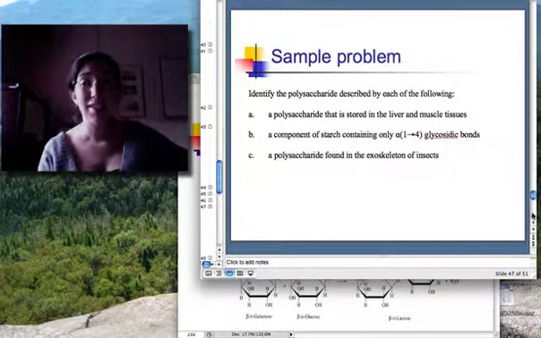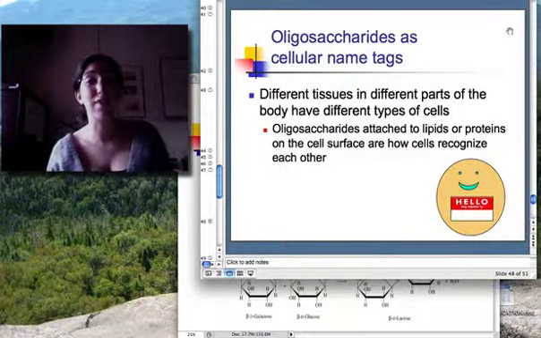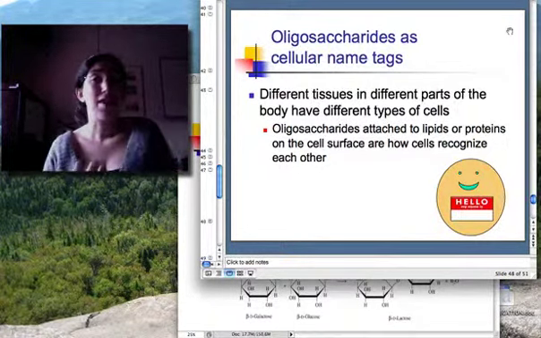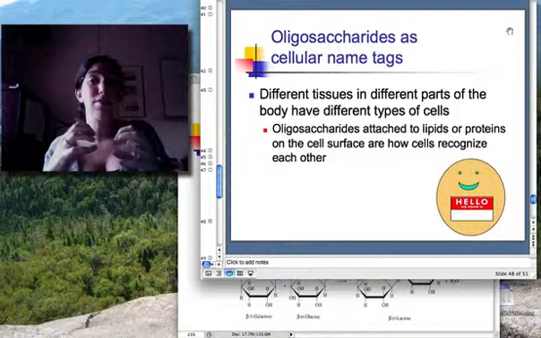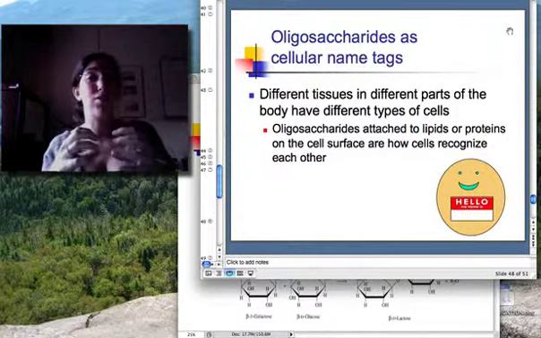All right, so the last part of the chapter talks about oligosaccharides. So monosaccharides are simple sugars in our food, like glucose and fructose. Disaccharides are two monosaccharides bonded together, also common sugars in our food, like sucrose, table sugar, and lactose, milk sugar.